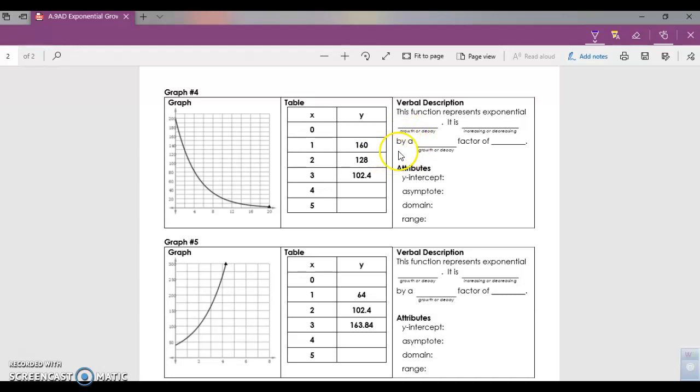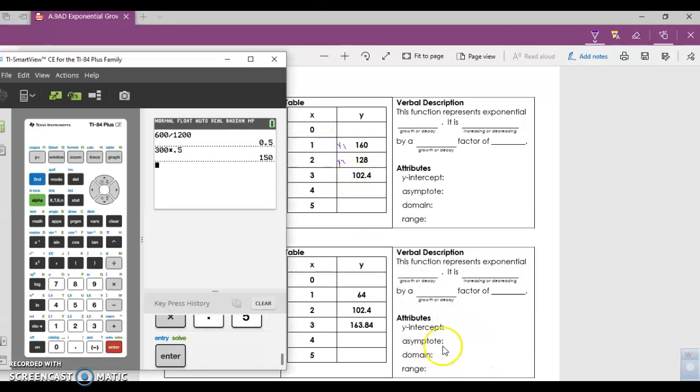First thing I would do, let's fill in our table. Again, this is my second y that I know, my 128. This was my first one, so we want to divide y2 divided by y1. Again, let's go back to our graphing calculator. I'm going to type in 128 divided by 160, and we get 0.8.